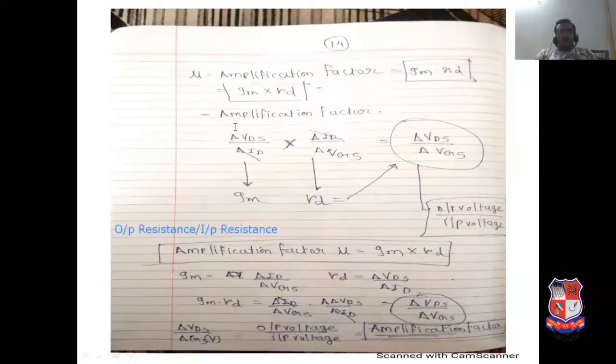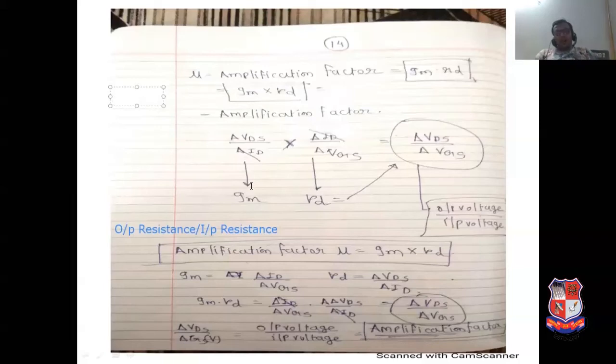Output resistance is delta VDS upon delta ID, and input resistance is delta ID upon delta VGS. Why? Because the gate can be considered as input and the drain as output. So see this, ID cancels. So delta VDS upon delta VGS can be considered as Gm into RD.